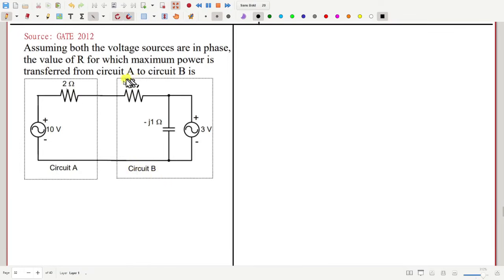Here there is a resistance R. We have to find the value of R so that the power going from circuit A to circuit B is maximum. How do we do this?